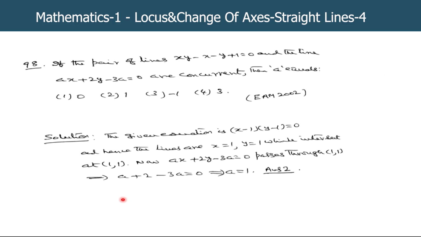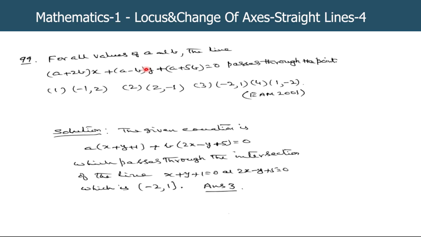And this point must lie on ax plus 2y minus 3a equal to 0 because the lines are concurrent. So, therefore, ax plus 2y minus 3a equal to 0 passes through (1, 1) implies a plus 2 minus 3a is equal to 0. So, therefore, a is equal to 1. So, correct option is option number 2.